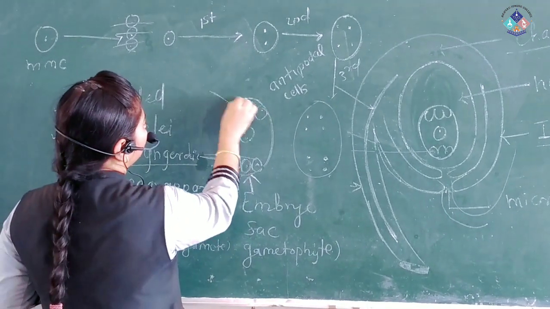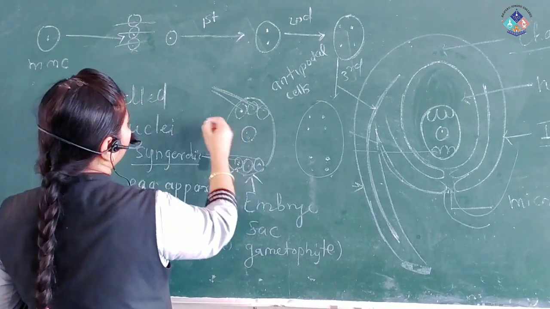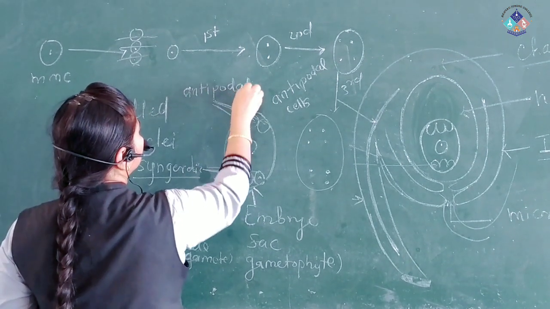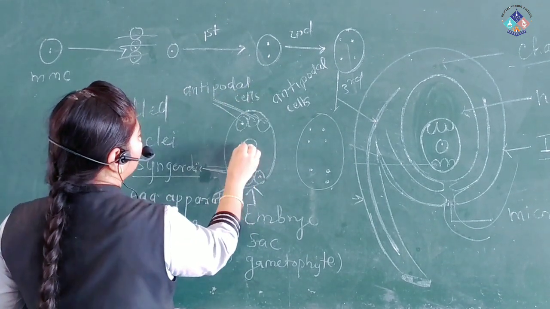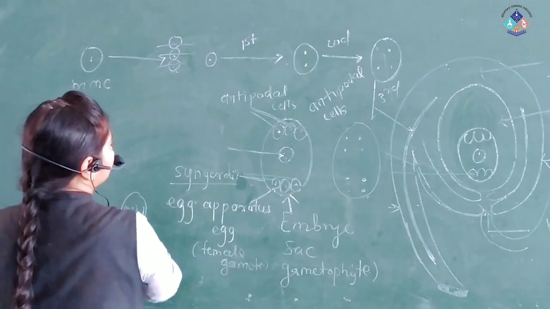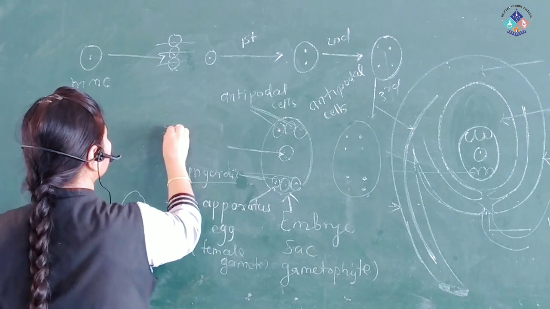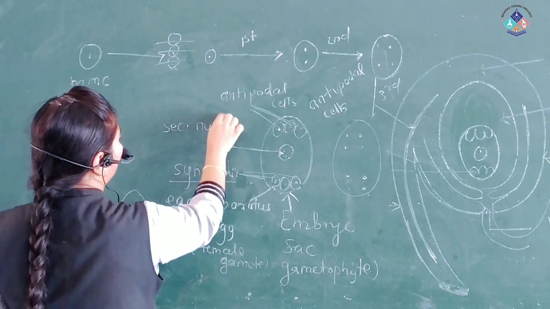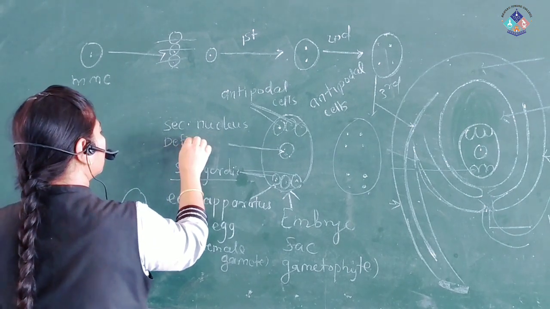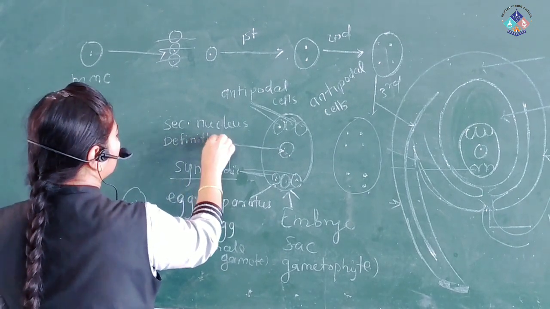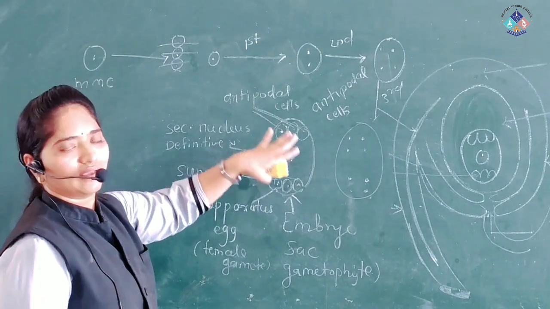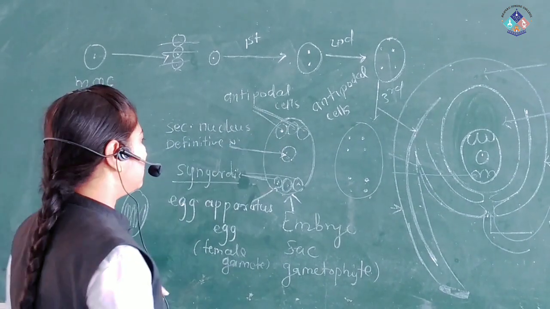The cells near the chalazal end are called antipodal cells. The cell at the center is called the secondary nucleus, or the definitive nucleus. It has two nuclei, so it is also called the polar nuclei.